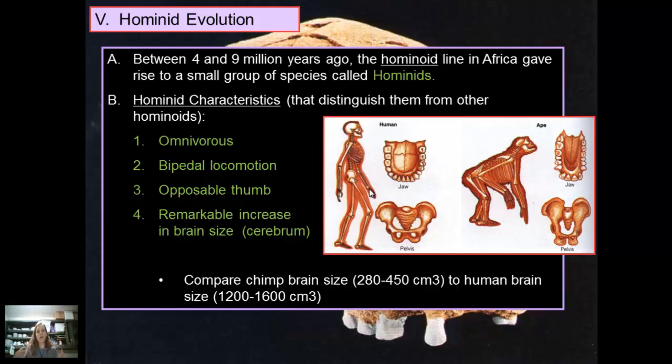Without that larger pelvis, not only would there not be room for the developing fetus to have a large brain, but it would be impossible for the mother to give birth to an offspring with a brain that big. She simply wouldn't be able to pass it through the birth canal.